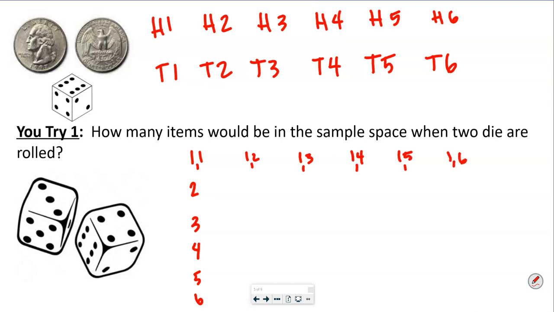And 1, 6. So then how many do we have across? We have 6 across, right? And then how many do we have down? We have 6 down. So isn't that going to be 6 times 6? That means we're going to have 36 possible outcomes, right? So how many items would be in the sample space when 2 dice are rolled? It would be 6 times 6, so that's 36.